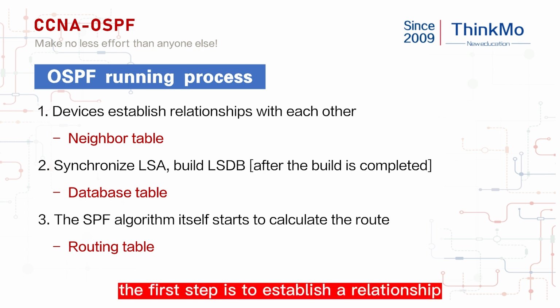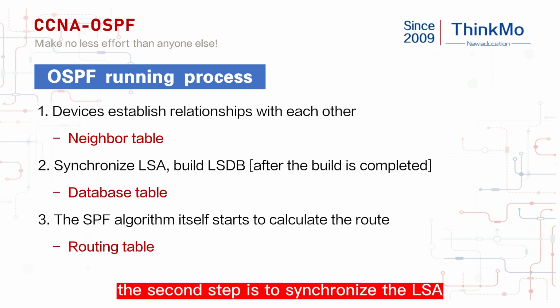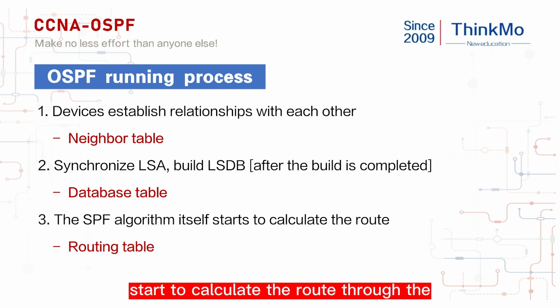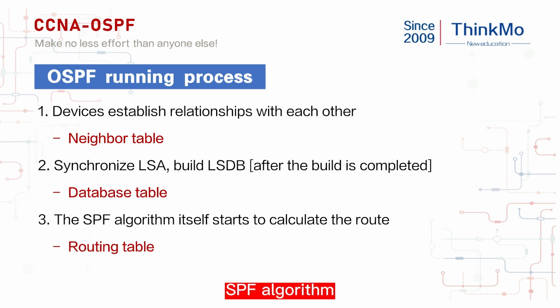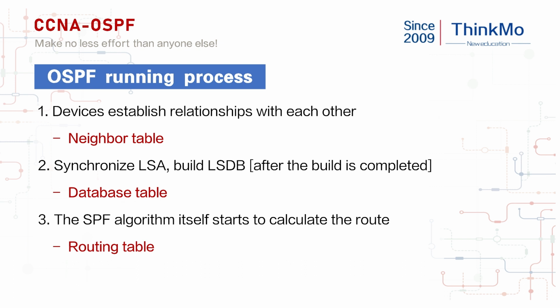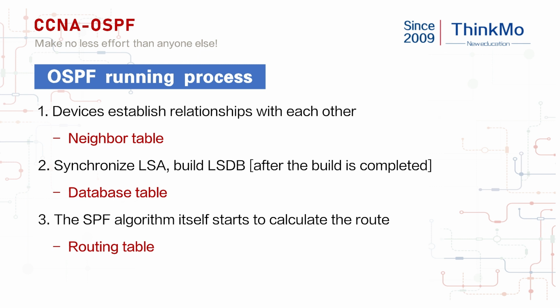So I will summarize the process of OSPF for you. The first step is to establish a relationship. The second step is to synchronize the LSA. After that, build the LSDB. After building, the device will start to calculate the route through the SPF algorithm. So for OSPF, its process is relatively complicated. Devices need to establish a relationship with each other. Second, synchronize LSAs and build the LSDB.